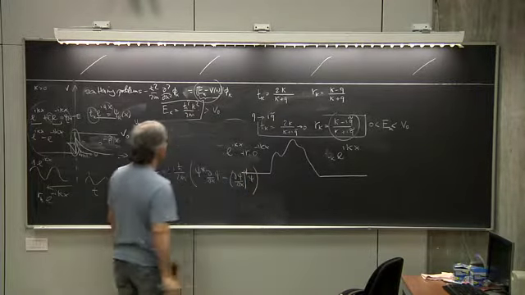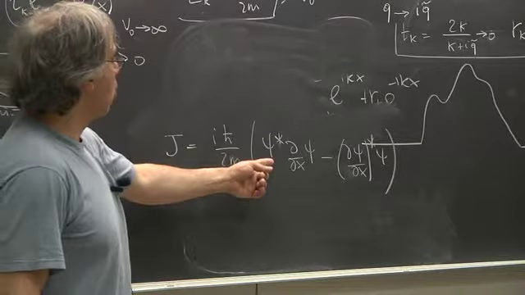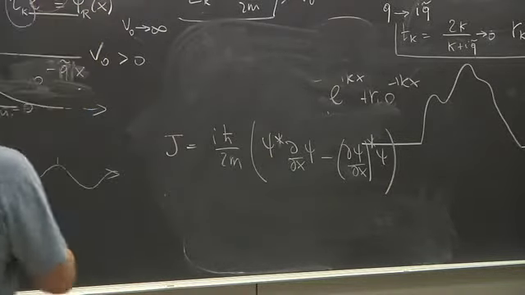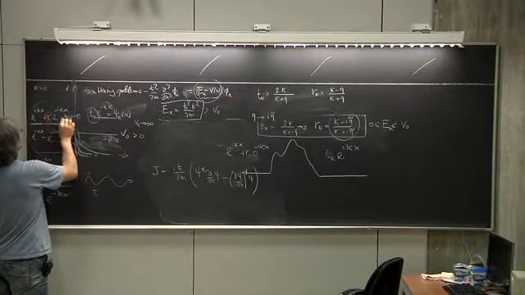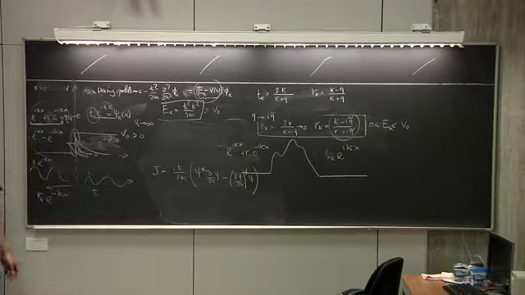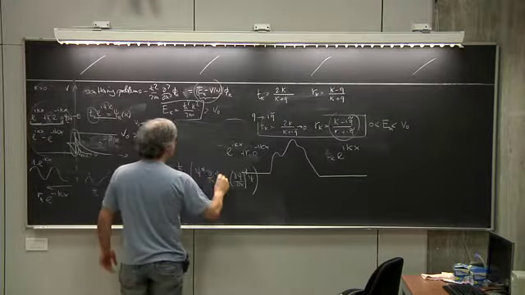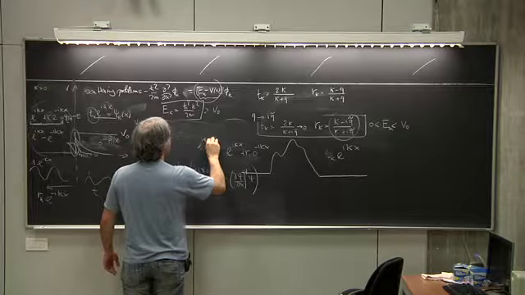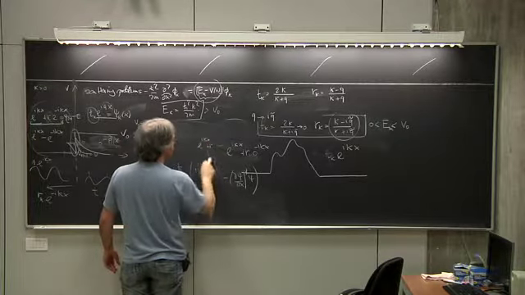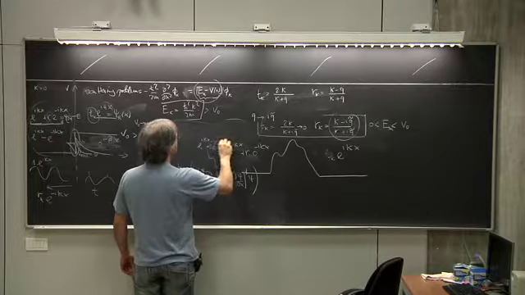psi. Let us calculate this function, for instance, for this object. So here I should put e to the i k x plus r e to the minus i k x.